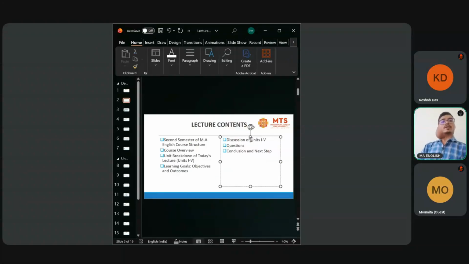So today we shall cover the course structure of second semester MA in English, right? And then the course overview of first paper, that is ENM 6211, and the background of block 1, that is there are total 5 units. Then we shall talk about course objectives and outcomes, the learning goals, and then we shall do in-depth discussions of units 1 to 5 of block 1 of ENM 6211.